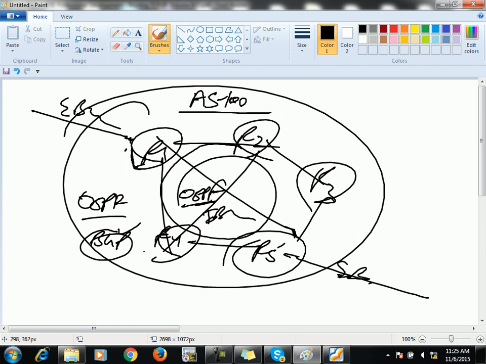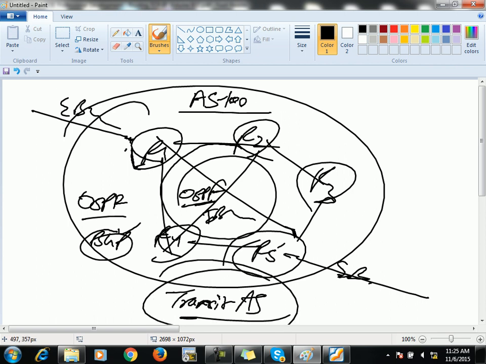And even in some cases, if you talk about transit AS, from the time when we did not have MPLS in the market, we had the concept of transit AS, and in future I will teach you this transit AS.